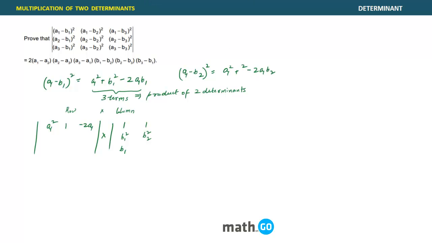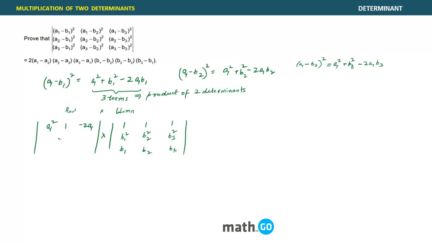Okay, now you got it. So this is b2, and now you want minus 2a1 b2. So minus 2a1 is already there, this should be b2. The third element you wanted was (a1 minus b3) square, so this will be a1 square plus b3 square minus 2a1 b3. Similarly, this will be 1, this will be b3 square, and this will be only b3. Can you get the point now?